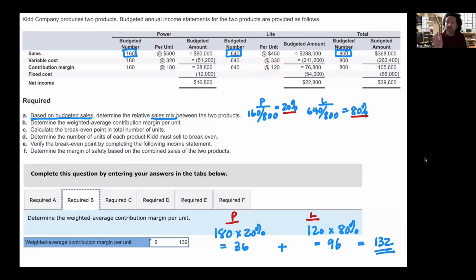If you multiply each of those by their percentage, you get their contribution to our margin. Power was $36 and light is $96. If we add those together, we get $132 as our weighted average contribution margin.